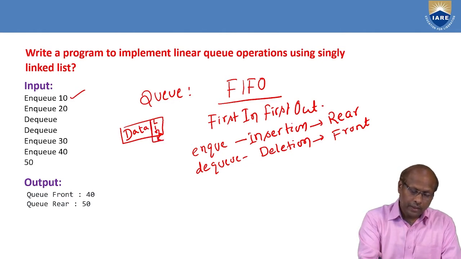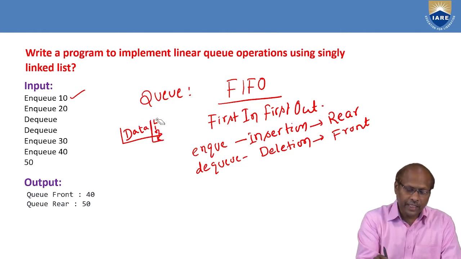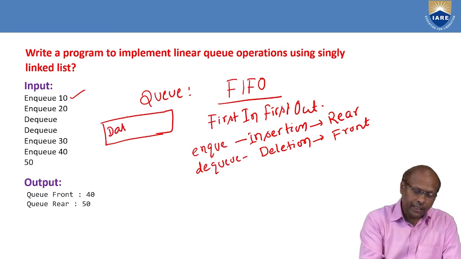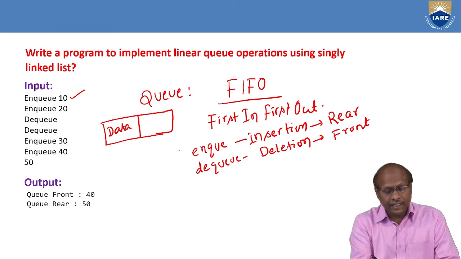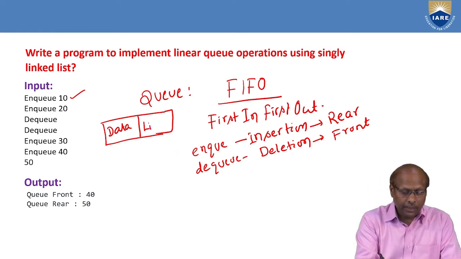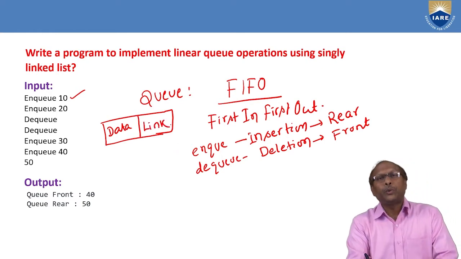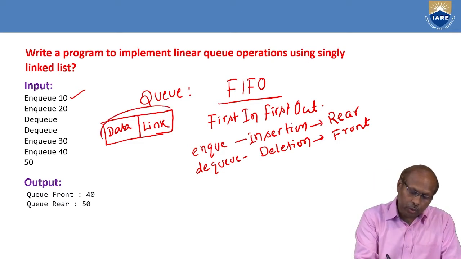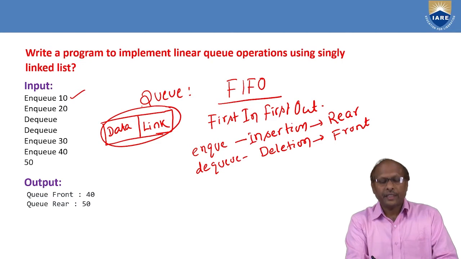The data can be a normal integer, or a simple character, or any combination of data. But the link is a special pointer which will be referring to the next node. So this is the structure of the node.